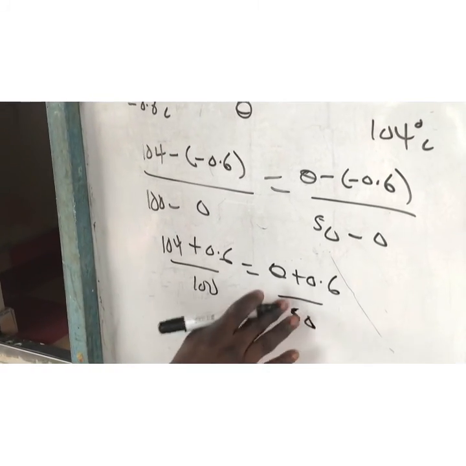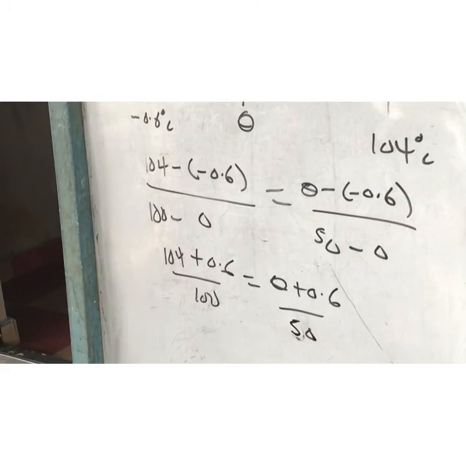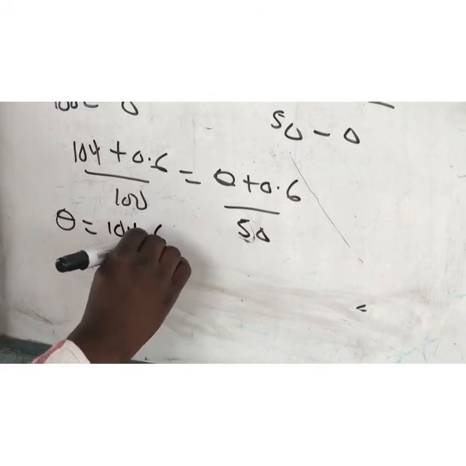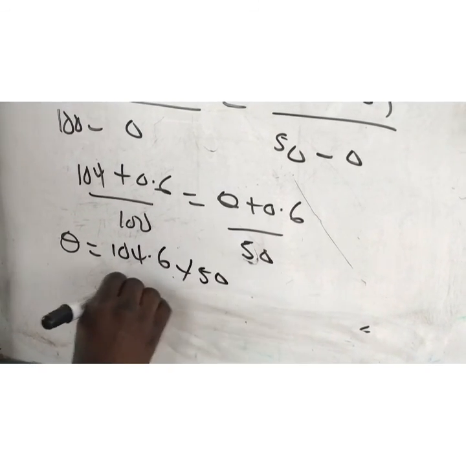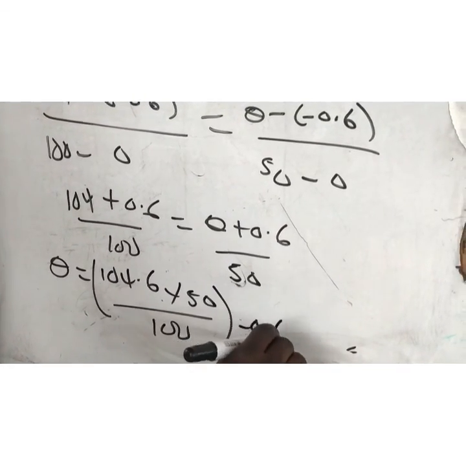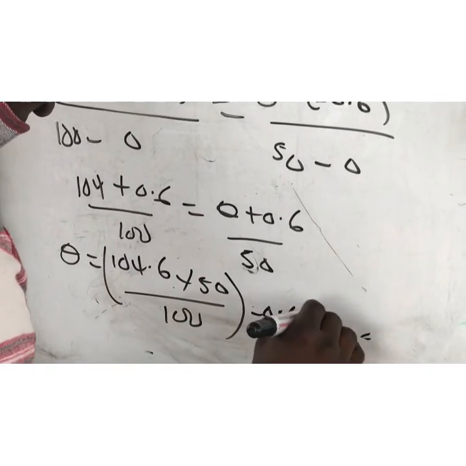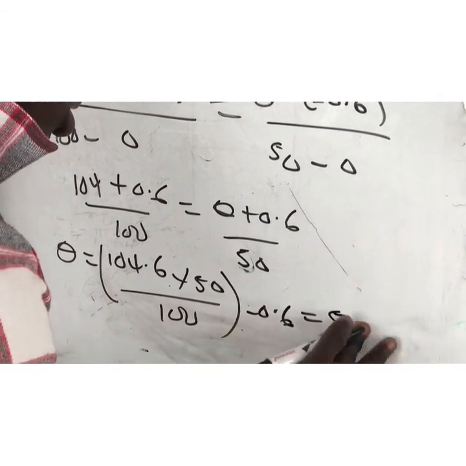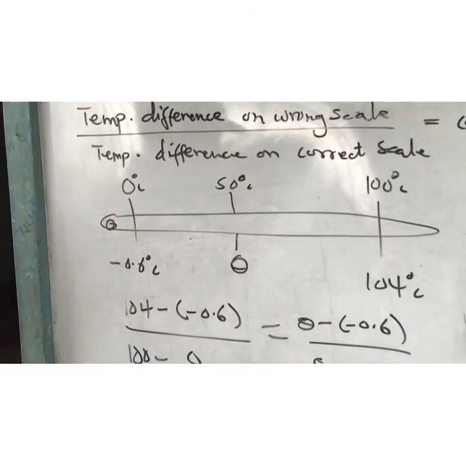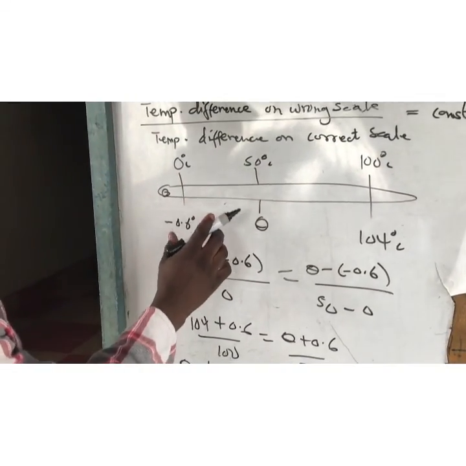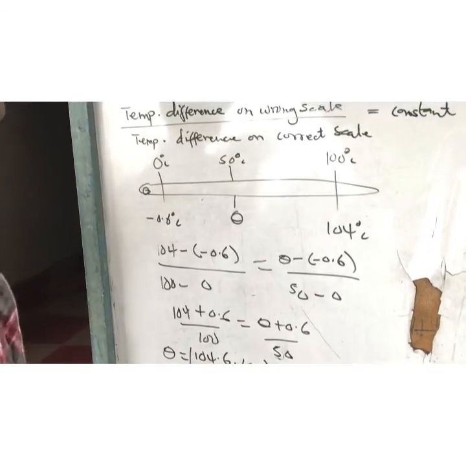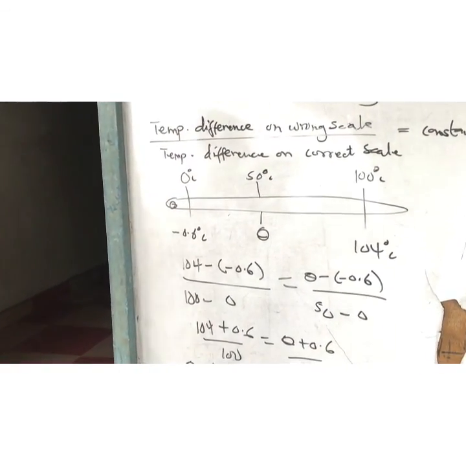So by applying simple cross multiplication, we're going to get theta, which is equal to 104.6 times 50 divided by 100, all this minus 0.6, which will be equal to 51.7 degrees Celsius. So it means that if this body is being read on the faulty thermometer, it will be 51.7 degrees Celsius. So this is the tricky case you will get.